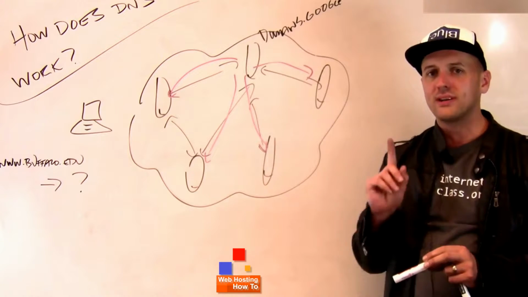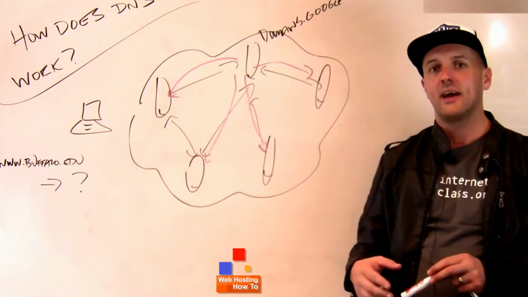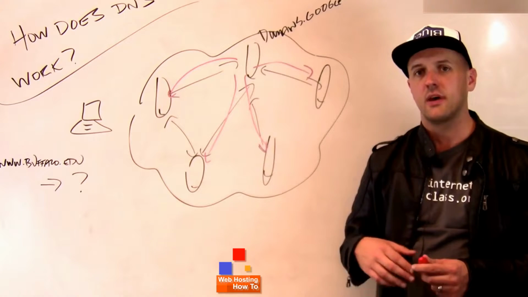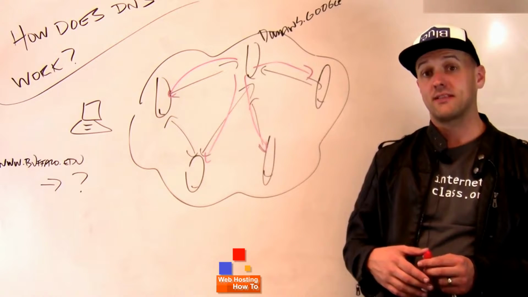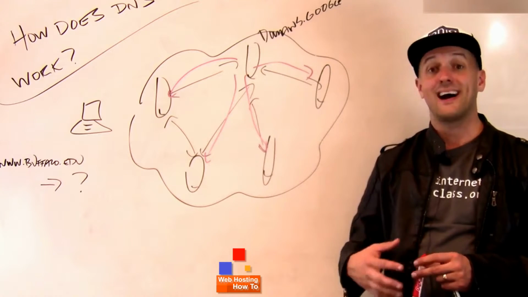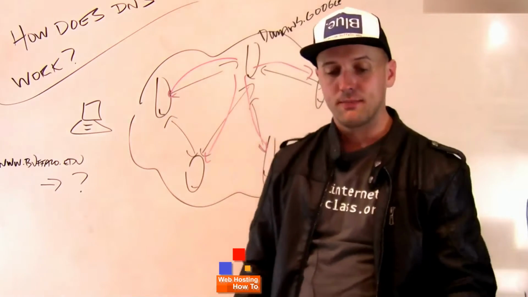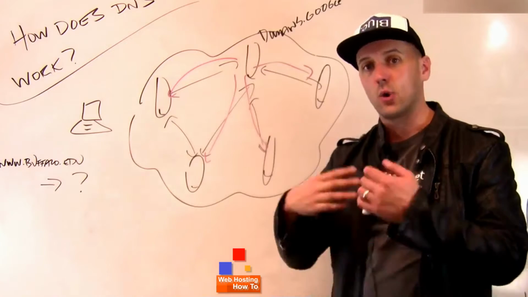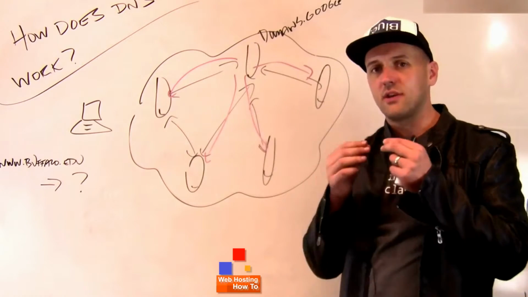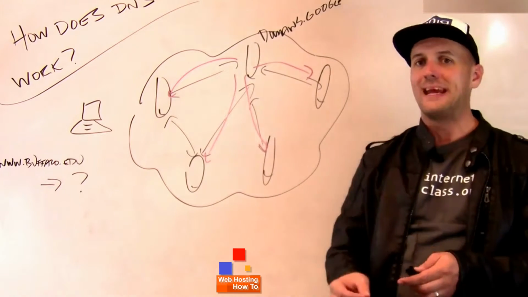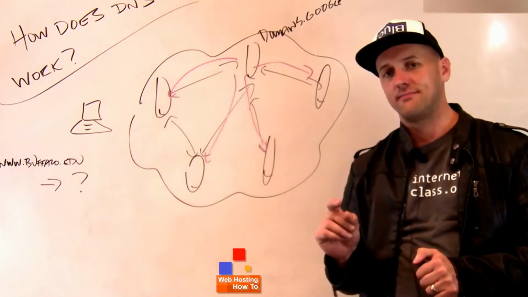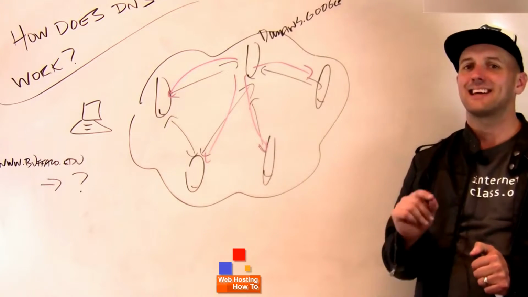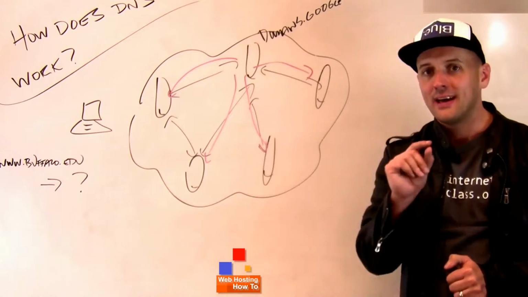Now, there's one important difference between DNS and a phone book, and it concerns load balancing, and also makes it possible for us to operate what are called content delivery networks. So the simplest way to think about DNS is that all these computers are cooperating to make sure that there's a unique translation between a domain name and an IP address. In reality, not quite true.